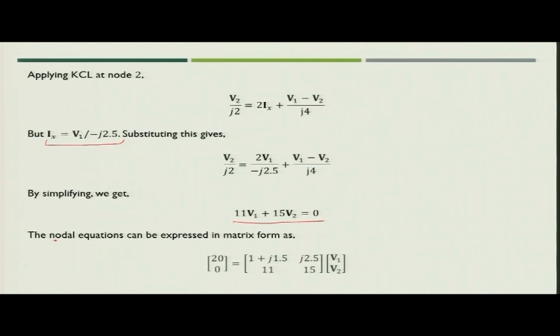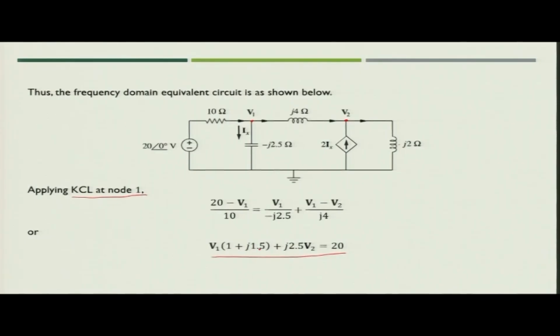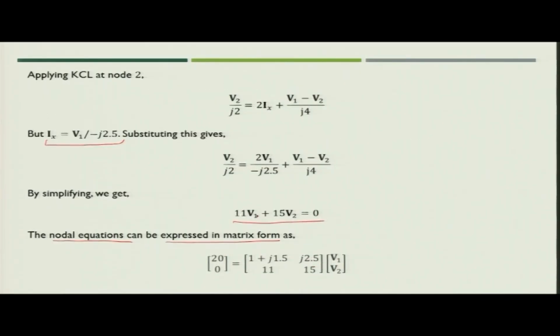So, these two nodal equations we can express in the form of a matrix. If you write in terms of matrix, you will write the vector containing elements 20 and 0, and then you have the matrix having the elements corresponding to V 1 and V 2. So, 1 plus j 1.5, j 2.5 will be coming here, 11 and 15 will be coming here.